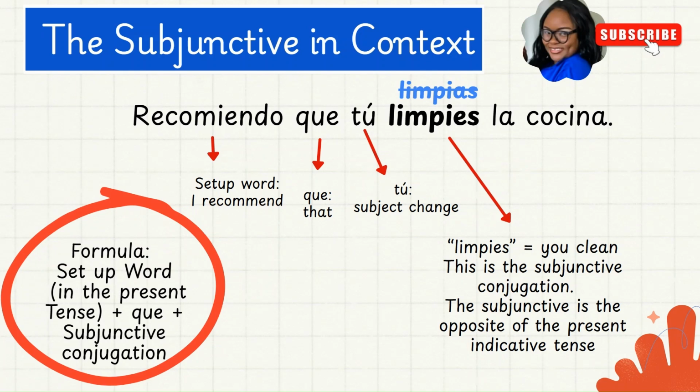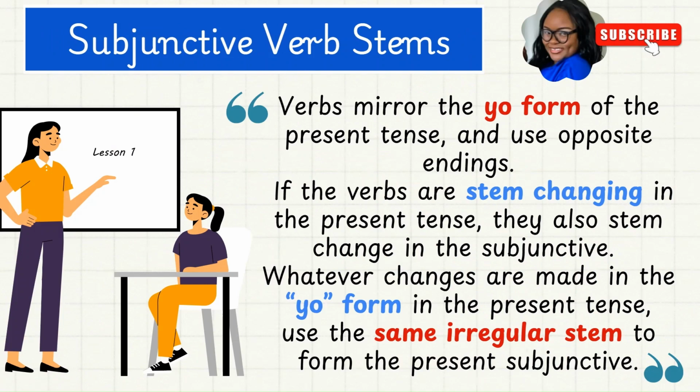Now that we've spoken about the endings of the subjunctive conjugations, let's talk a little bit about the subjunctive stems. Verbs mirror the yo form of the present tense, and they use opposite endings, which we just said. But let's talk about it a little deeper.